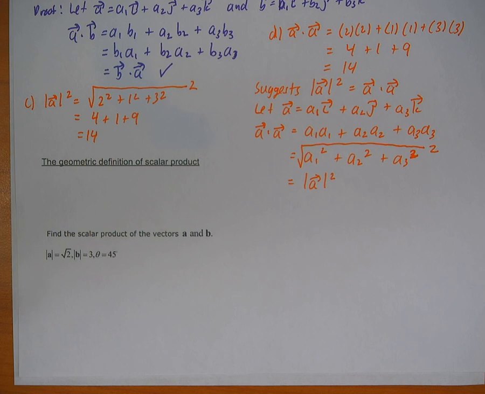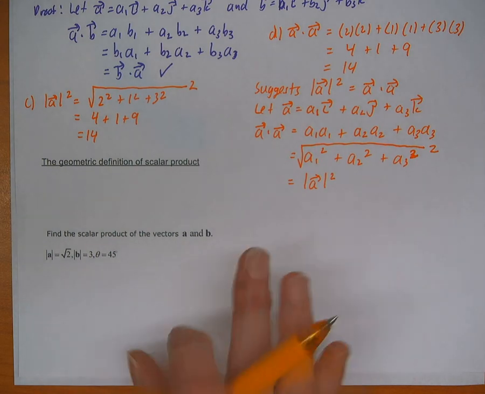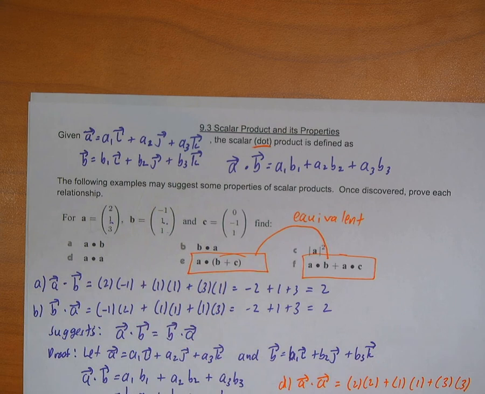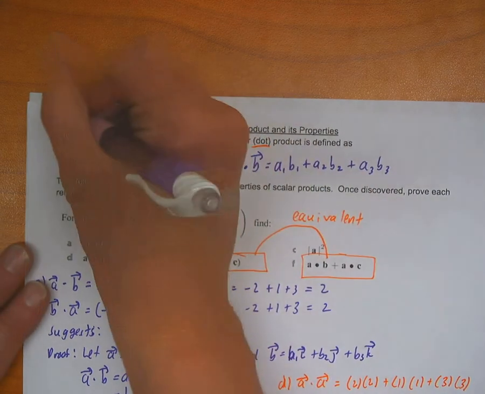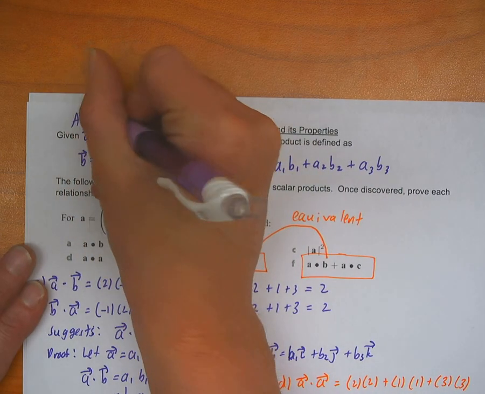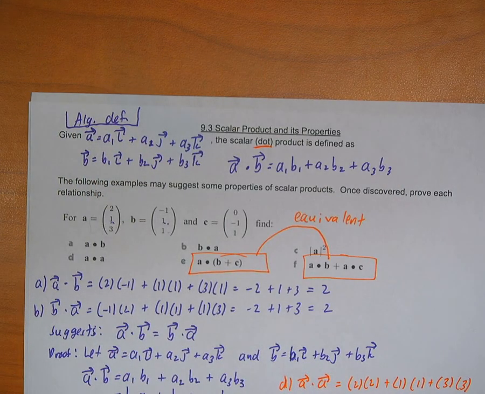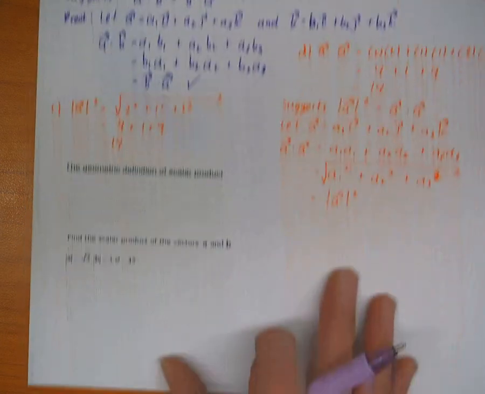Moving forward, let's talk about another way to define dot product or scalar product. One way to define a scalar product is the algebraic definition that we did up here. But there's also a geometric definition of scalar product.